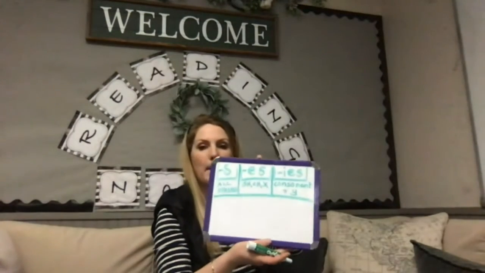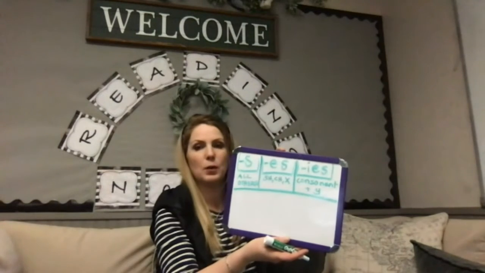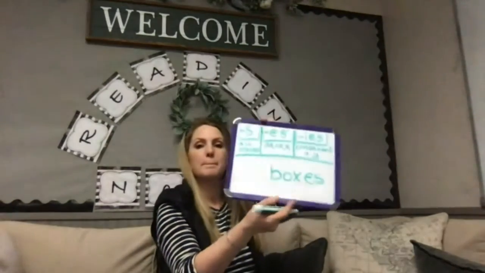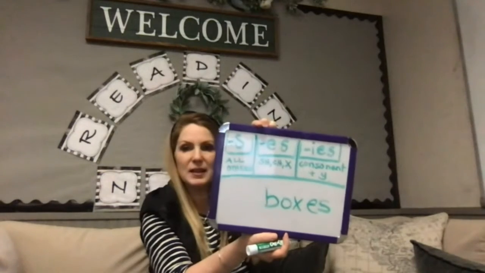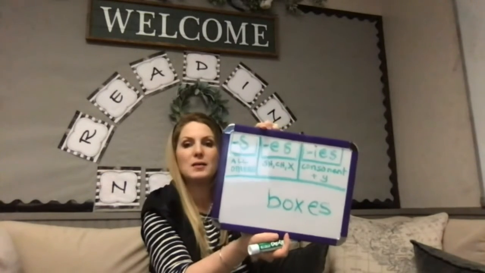For X, I would actually add ES. So for boxes, it would become B-O-X-E-S, boxes.